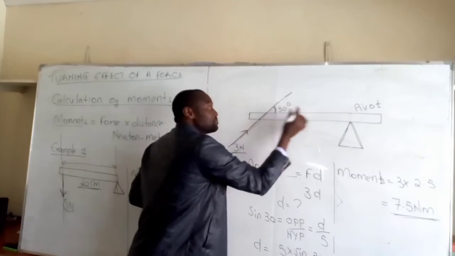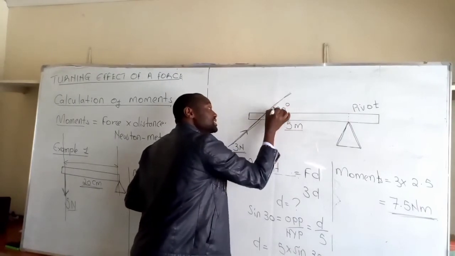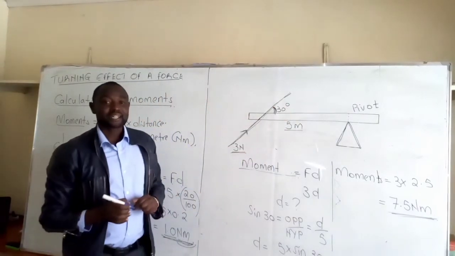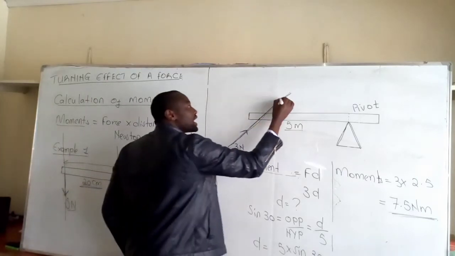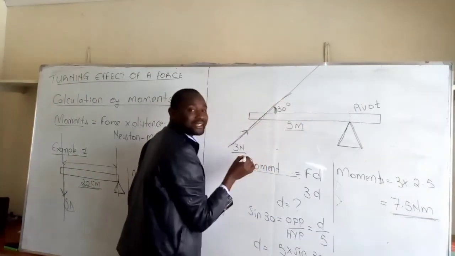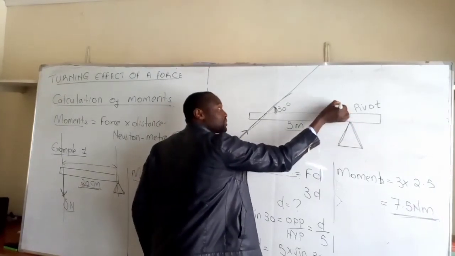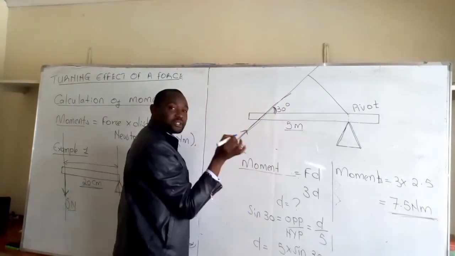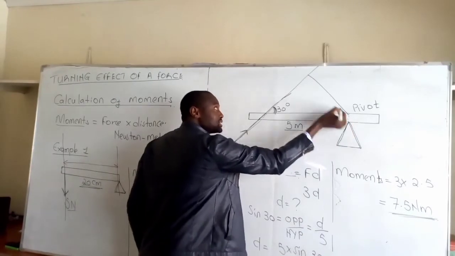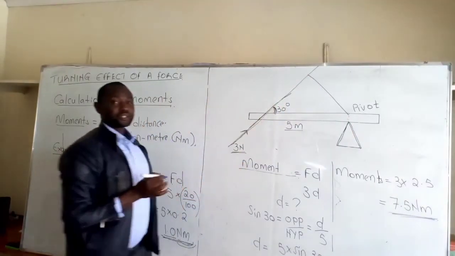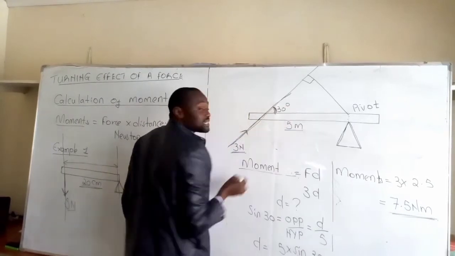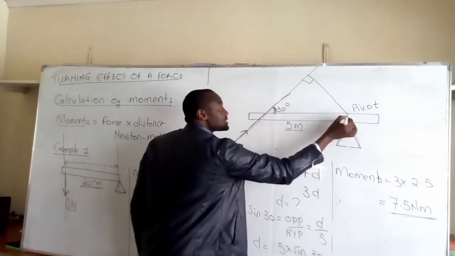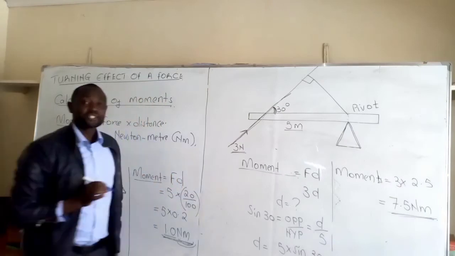No, because this distance is meeting the line of action at an angle of 30 degrees. Therefore, we must go ahead and get the perpendicular distance from the turning point to the line of action of this force. And when we have that, then we create a right-angled triangle.